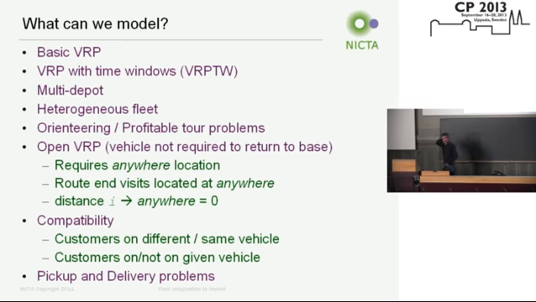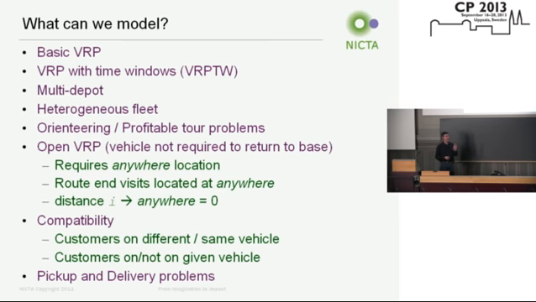Okay, so given this model, given this CP system, we can model a huge variety of problems. So as well as the VRP and the VRP with time windows, we can do multi-depot, heterogeneous fleets, profitable tour problems. So the existence of that VI term means that we can look at the cost of visiting or not visiting a customer. We can do open VRPs, which is the subject of some interest in the literature.